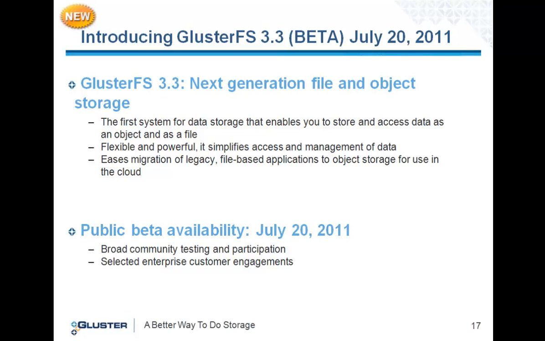We also still support high-performance computing environments, infrastructure as a service environments, as we talked about with Amazon Web Services and GoGrid, and others coming. There will be more IaaS players deploying GlusterFS throughout the year. Today we support disaster recovery with asynchronous replication, and of course business continuity with synchronous replication as well.